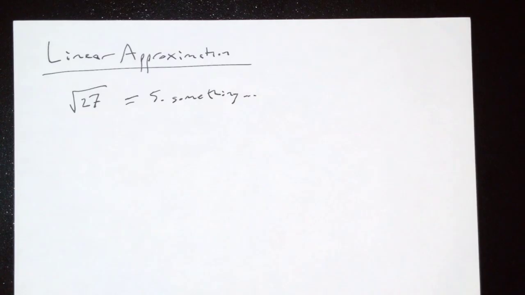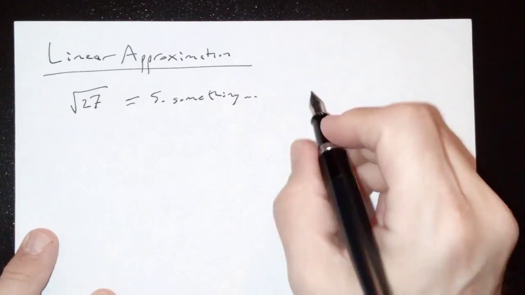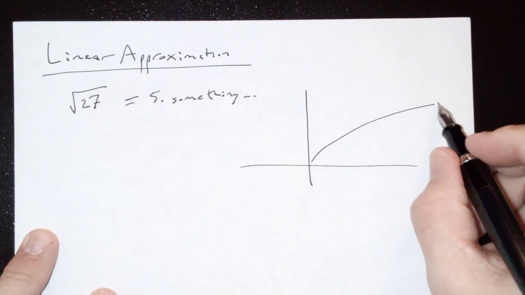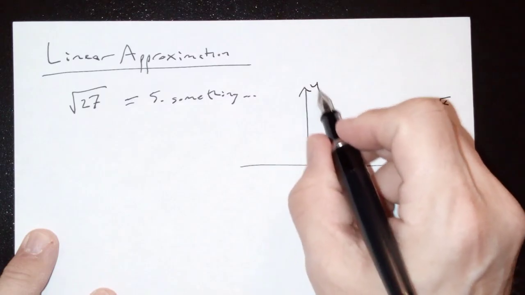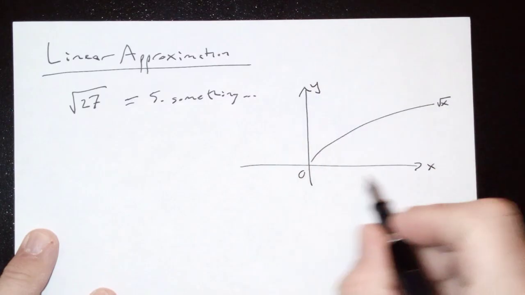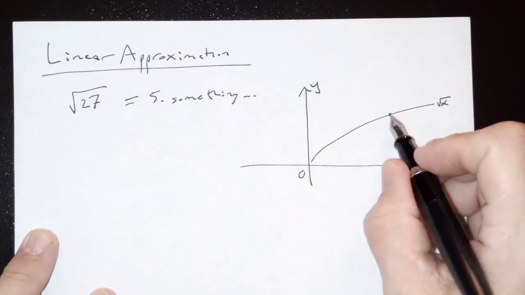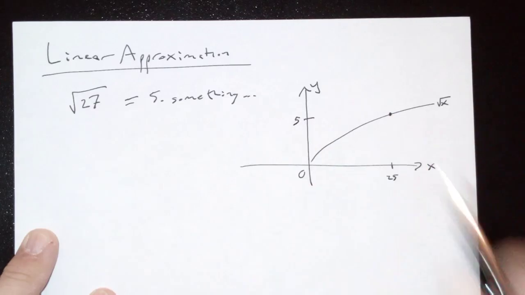Well, let me think about derivatives and tangent lines. I know, it's a weird idea to jump from square roots to that idea. But if I think about the graph of the square root of x, I know that at 25, we're at 5.